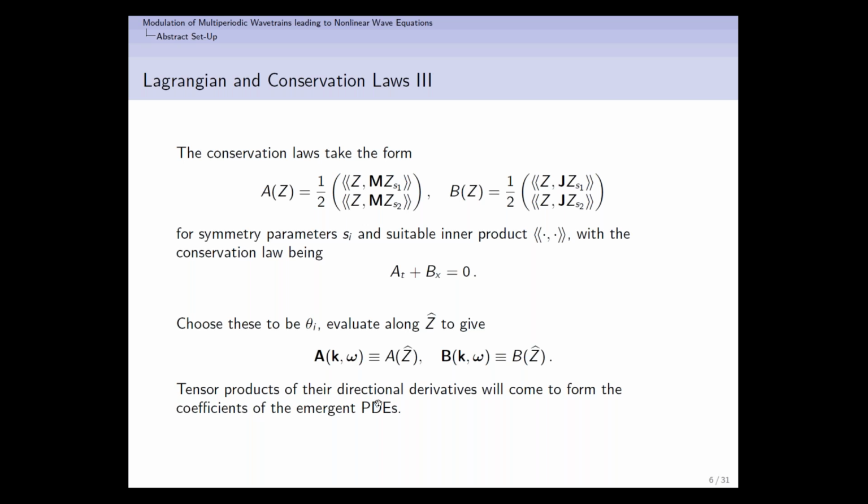So we're expecting derivatives of these, in this case directional derivatives, to start forming the coefficients of the emerging PDEs. So we'll see them first in the linear Whitham system, and then they'll appear when we find the KdV and when we're finding the two-way Boussinesq. Okay? And so the tensors of these are important.